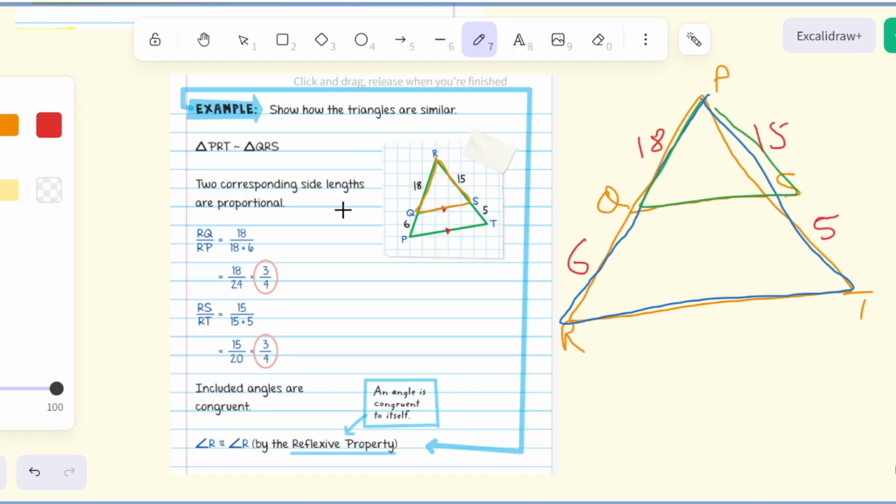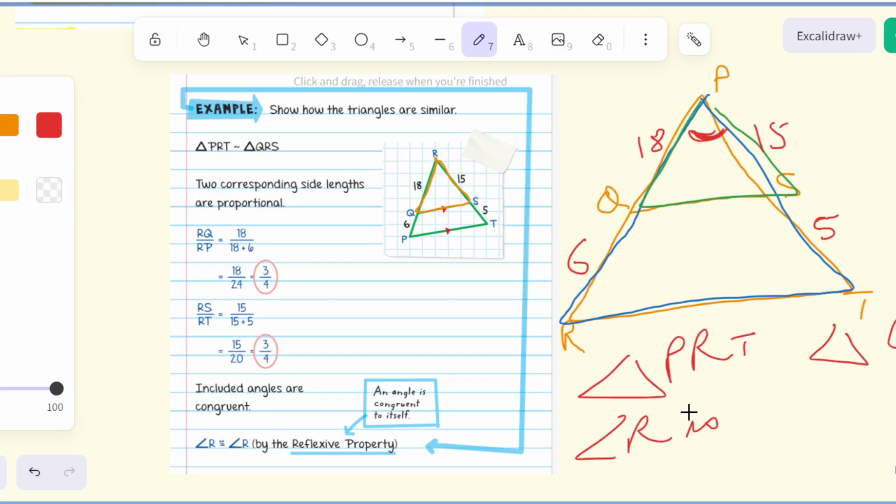So they are asking that two corresponding side lengths are proportional. Let's see. So you have to prove two things to be the same, right? And the included angle we can take this because both of them have the same angle. So triangle PRT and triangle QRS, angle R is common.